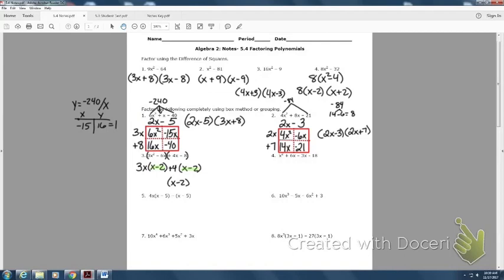This next part is the part that some people have struggled wrapping their mind around. You take the two factors that you pulled out, and you put them together to make another factor in your answer.